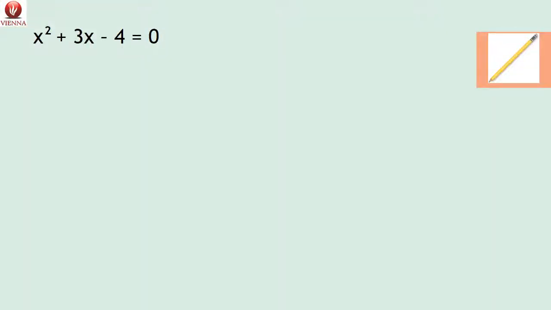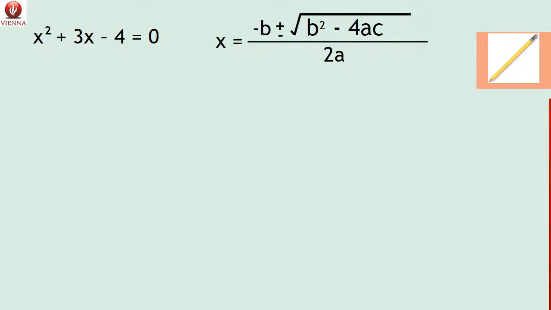So here's our problem again. X squared plus 3x minus 4 equals 0. And here's the formula. So we start plugging numbers in. Now we know that b equals 3. So we'll start there. You just write the formula out again and start plugging these numbers in.